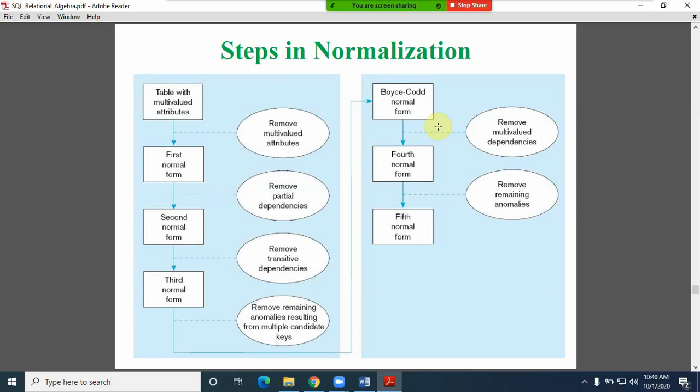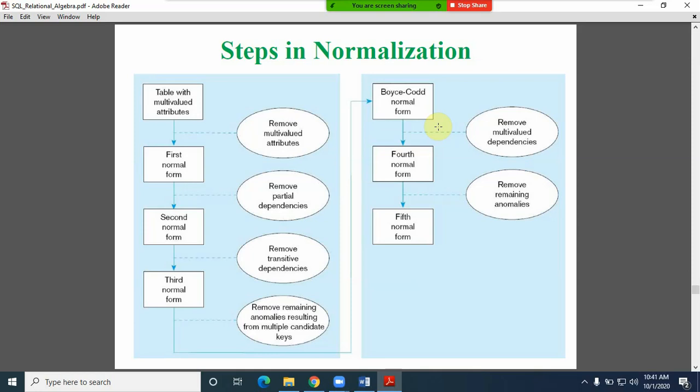Once the table is in BCNF, by removing the remaining anomalies and multiple candidate keys, and then removing multi-valued dependencies, if any, the BCNF can be turned into the fourth normal form.